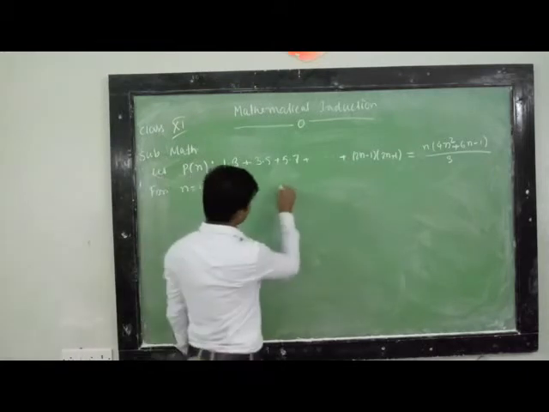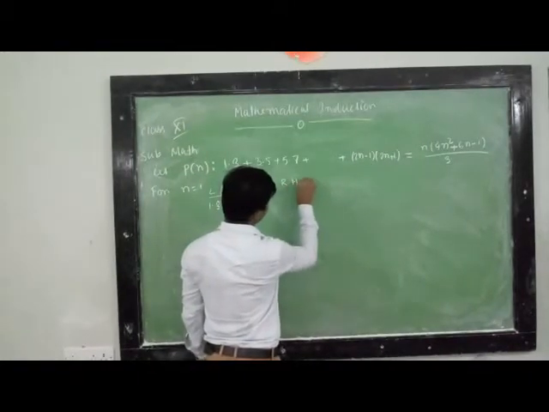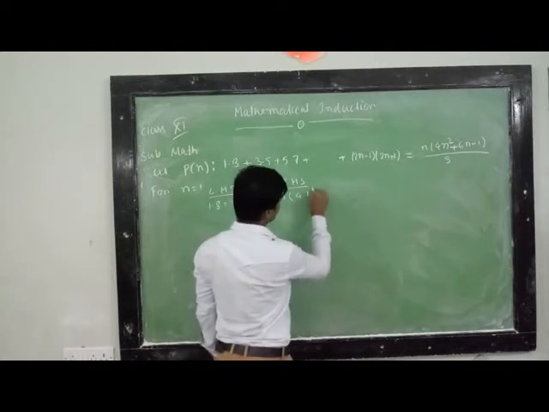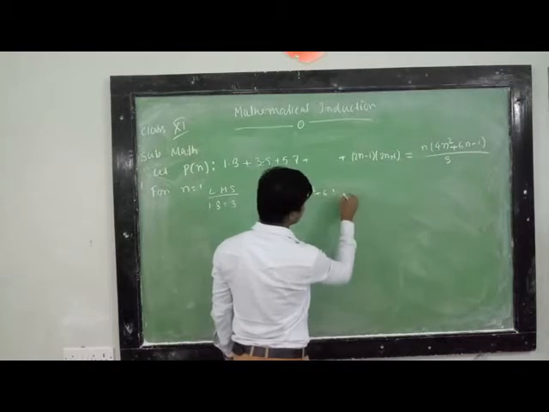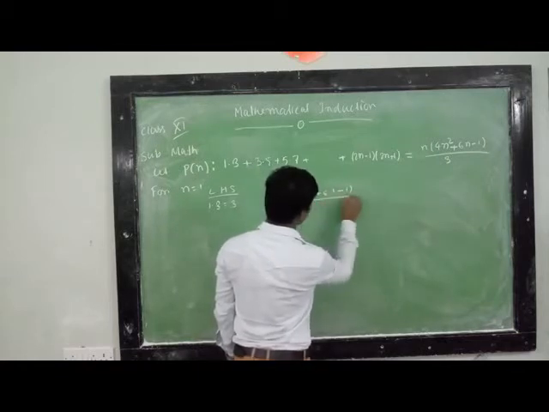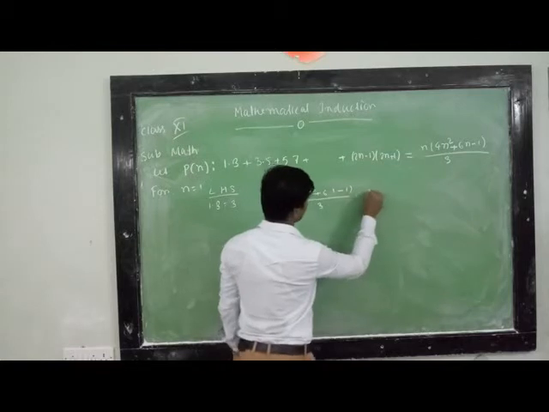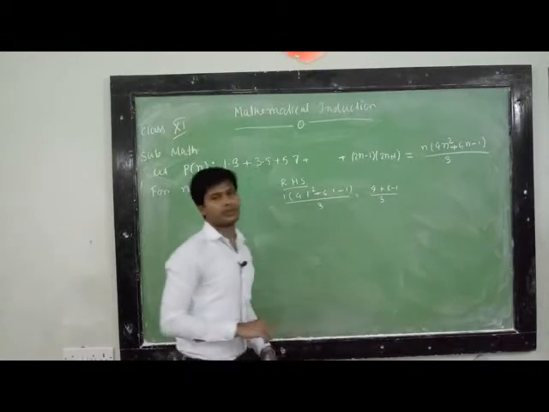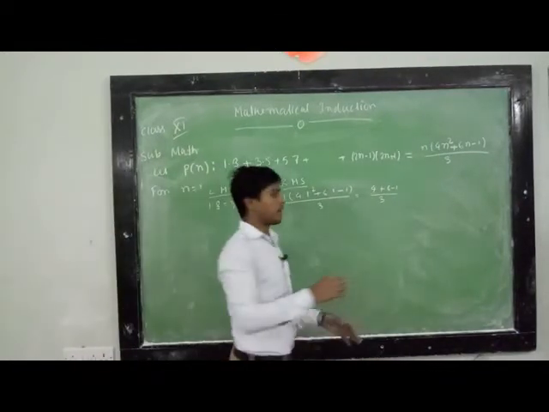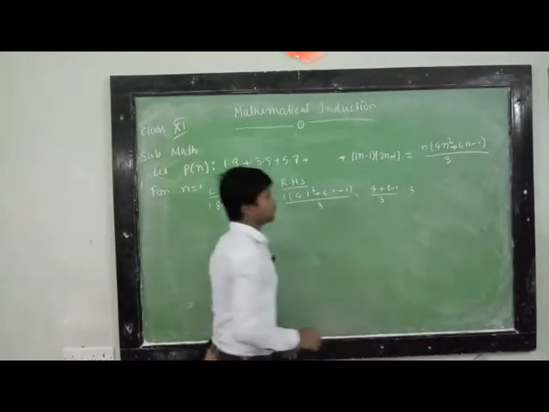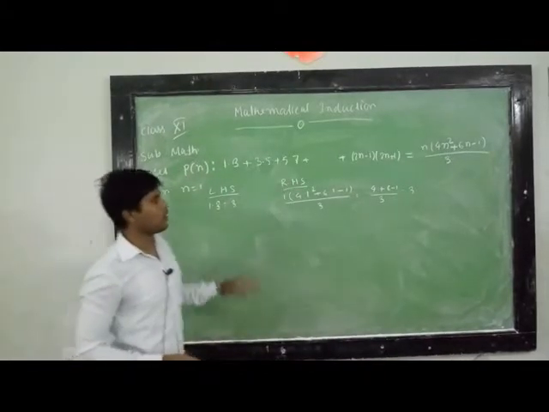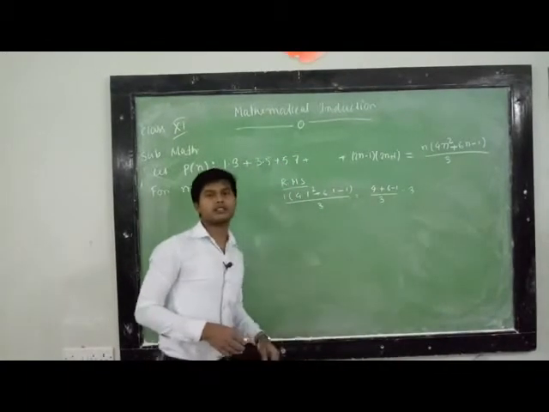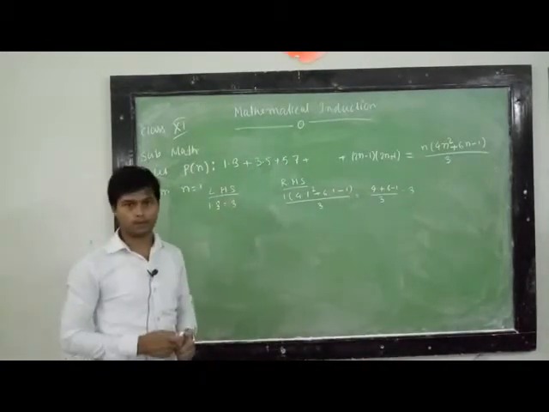The value of the expression on the right hand side is 1 into 4 into 1 square plus 6 into 1 minus 1 by 3, which is 4 plus 6 minus 1 by 3. So 4 plus 6 is 10, 10 minus 1 is 9, and 9 by 3 is equal to 3. The left hand side is 3, and the right hand side is also 3. That means the mathematical statement is true for n equal to 1.